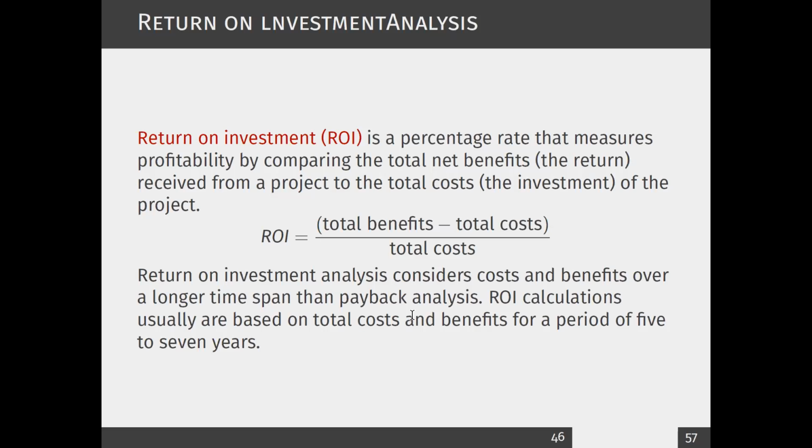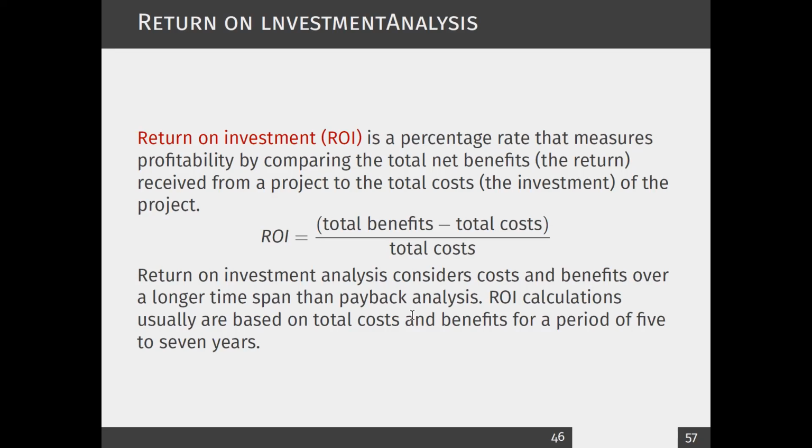Let's move on to the next one. So the second one that we are going to discuss under financial analysis tools or cost and benefit analysis is return on investment. Now, one of the problems that we had with the previous one is that we do not consider the total benefits that we are going to get.